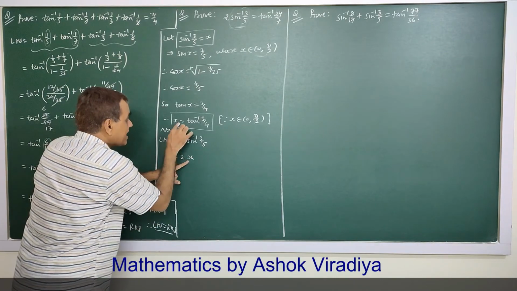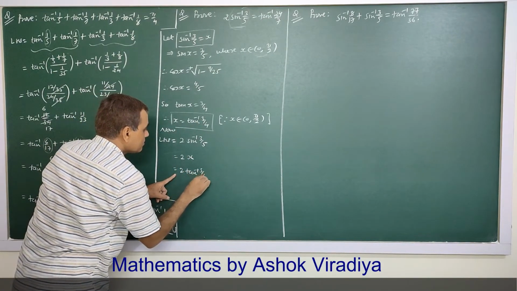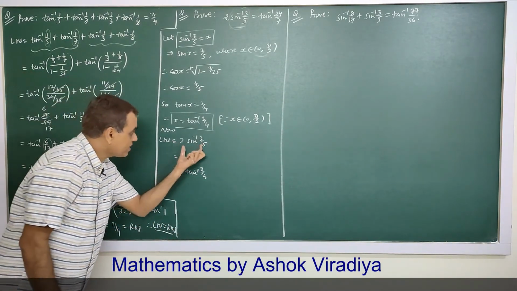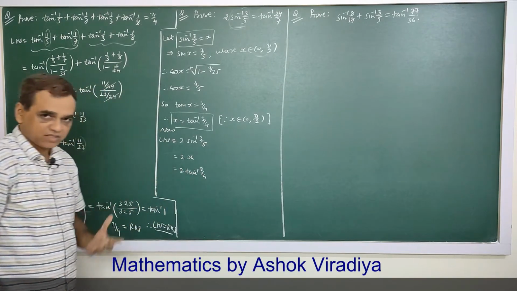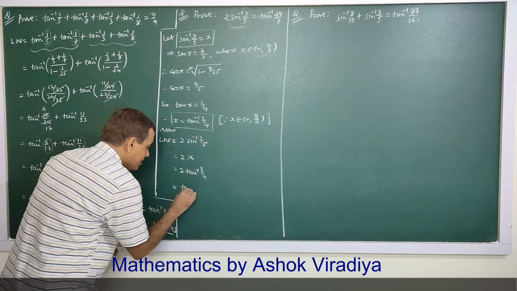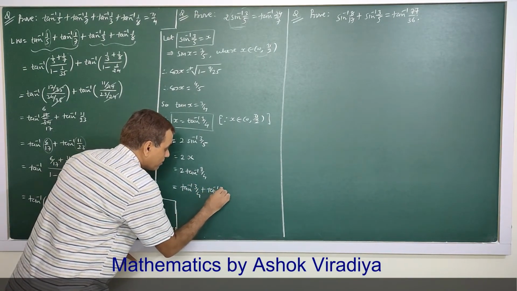So now this x I replace by tan inverse. So what we have done, sine inverse is converted into tan inverse. And because here the multiple is 2, this can be expressed as tan inverse 3 by 4 plus tan inverse 3 by 4.